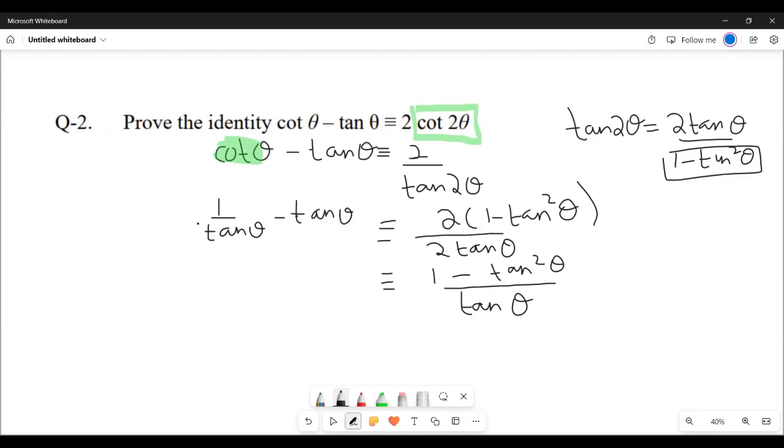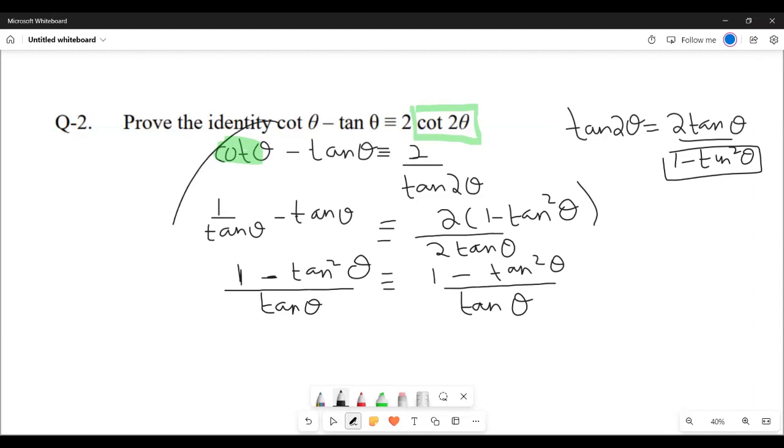Now, if I take LCM, I'll get the right side. So that would be 1 minus tan square theta.